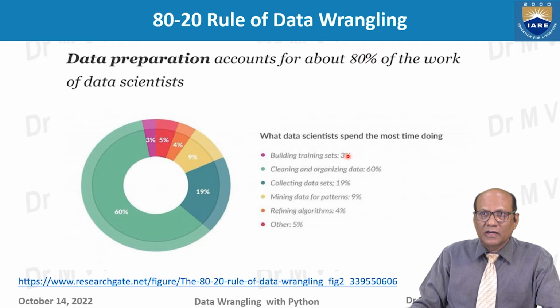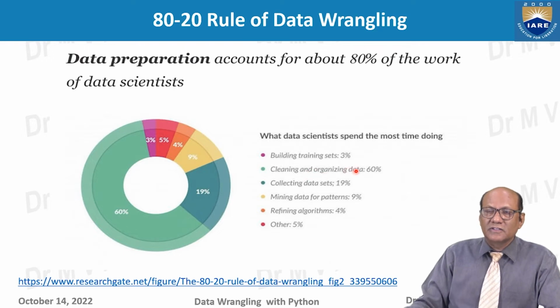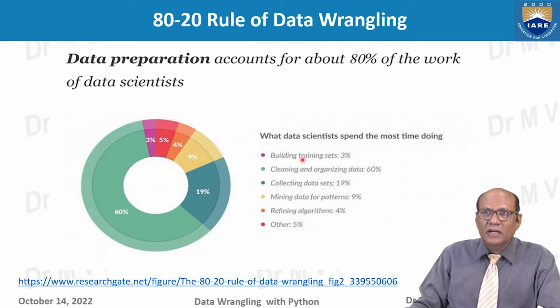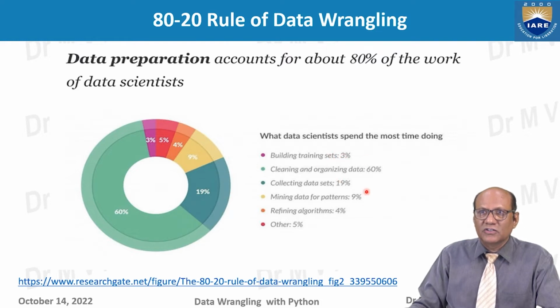I don't know whether we can really include this, but definitely for data preparation you can call it data preparation, if you cannot call it cleaning the data. Organizing data is 60%, and building the training or testing data sets 3%, like that it is shown.